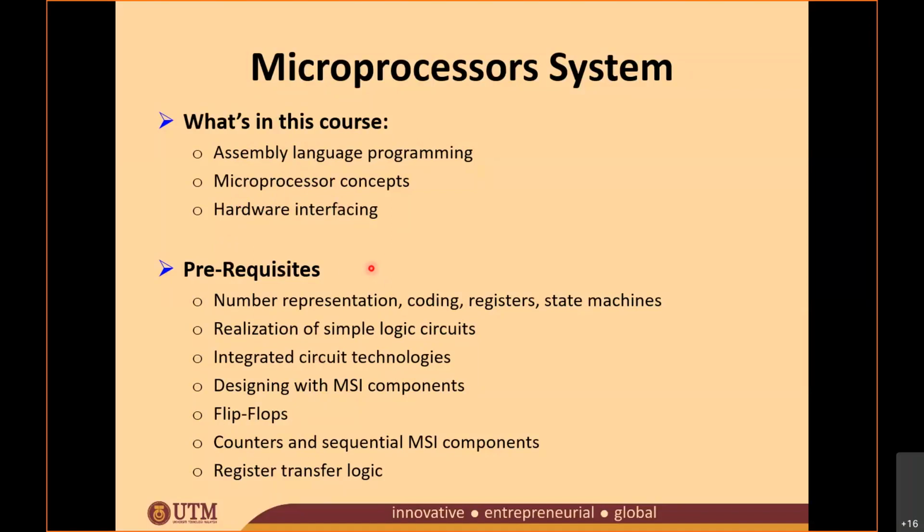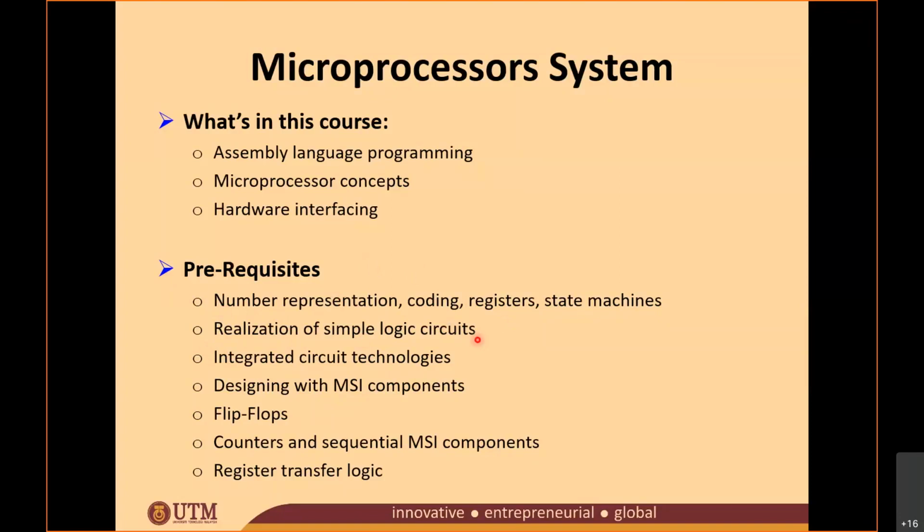There is a prerequisite in order to take this course. I assume that all of you already took SKEE 1223, which is digital electronics. Why? Because in this course you will use number representation, which we regularly use, such as converting from binary numbers to hexadecimal numbers, and the realization of simple logic circuits.